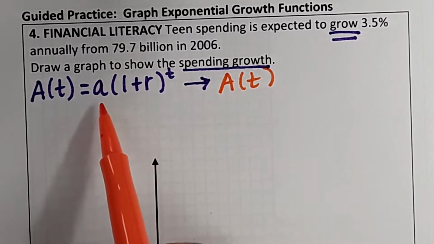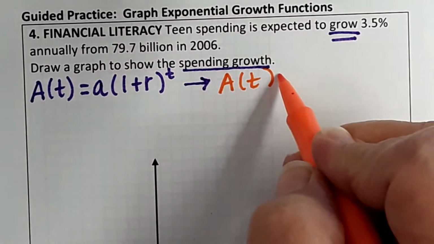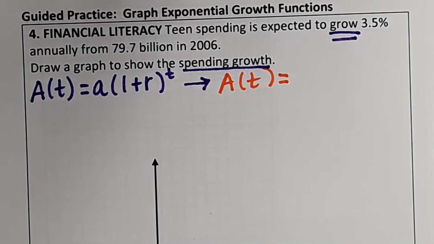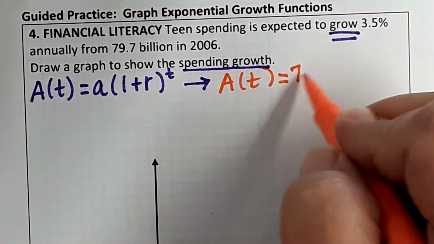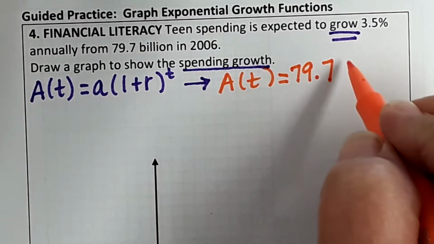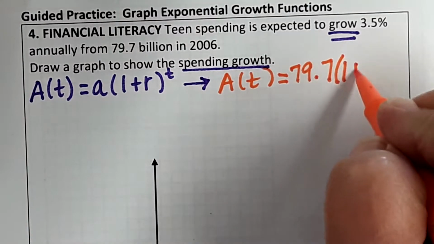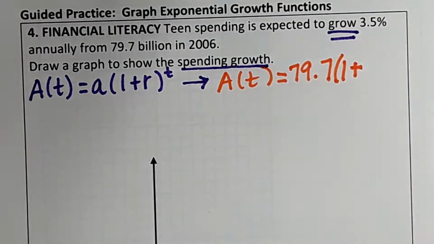The lowercase a means initial value or initial amount. So what is our initial amount in this problem? How much money are we starting out with? Then it's 1 plus, what is our rate?